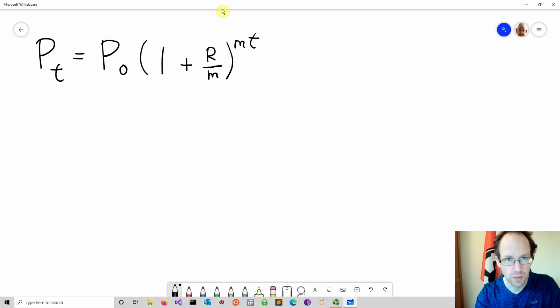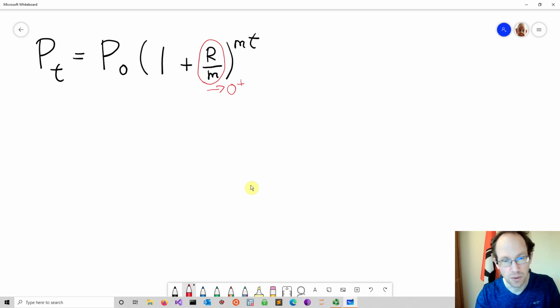Now I want to explore what happens in the limit where m goes to infinity. So the interesting question I want to ask here is what happens if m becomes very, very large. Now looking at this equation, it's not completely obvious what we should expect. If m becomes very, very large, this term here becomes very, very small. So this term here goes to 0 plus.